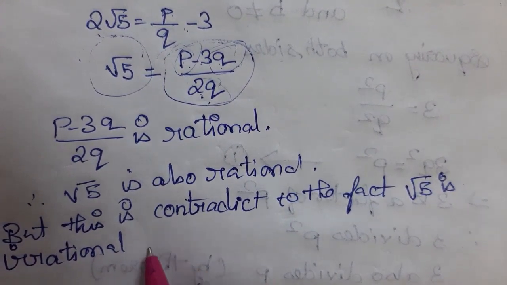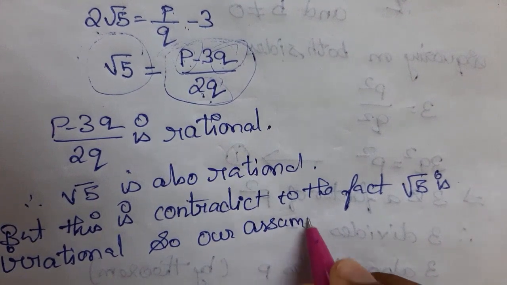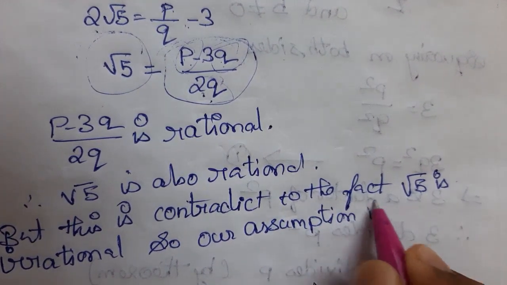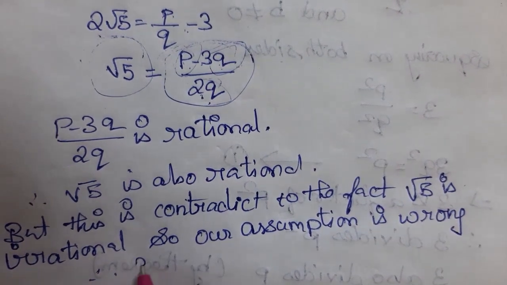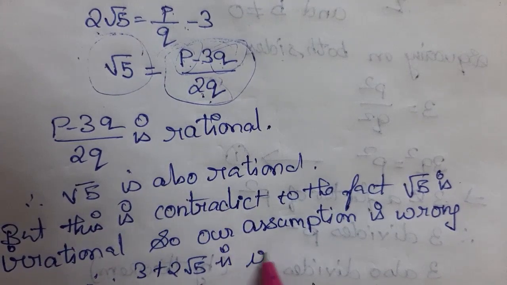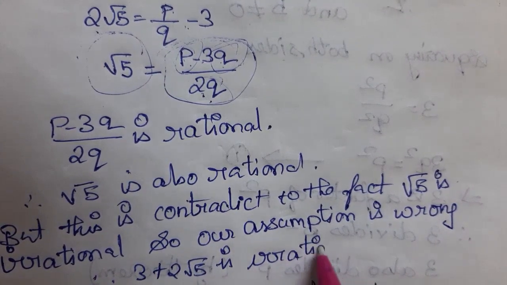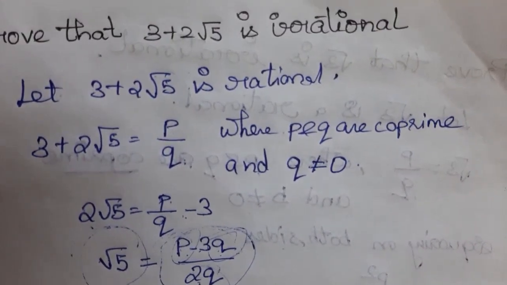So our assumption is wrong. Therefore 3 plus 2 square root of 5 is irrational, right?